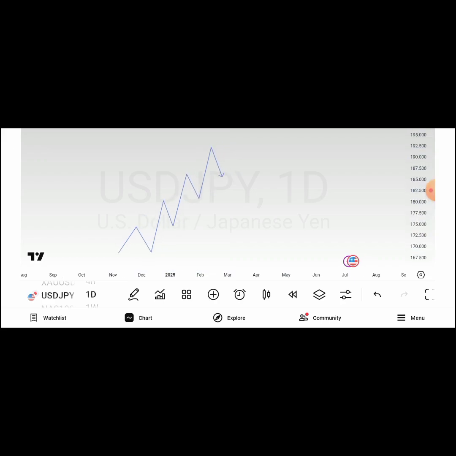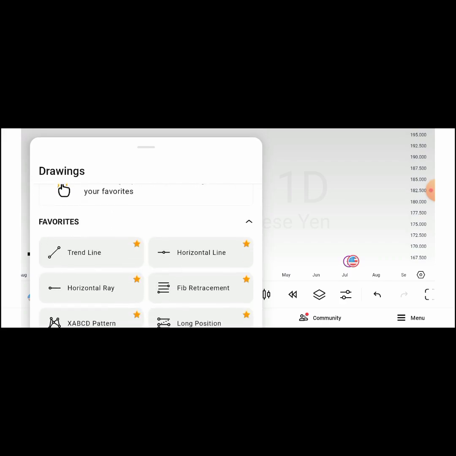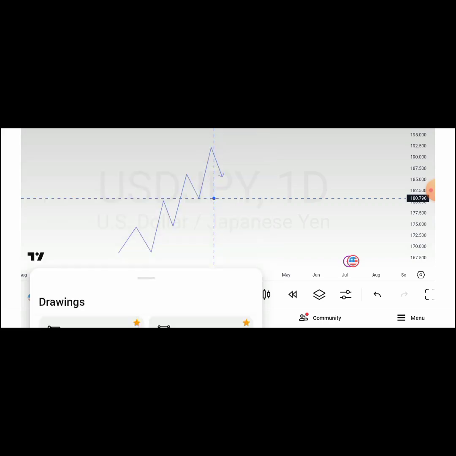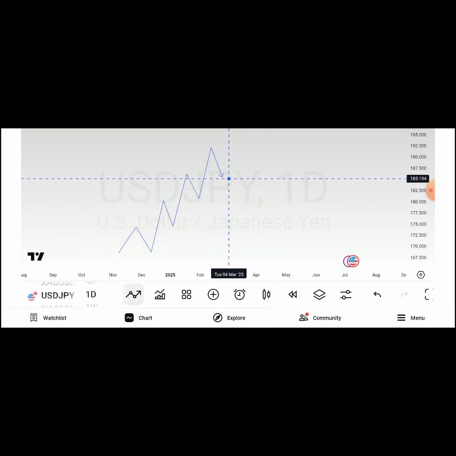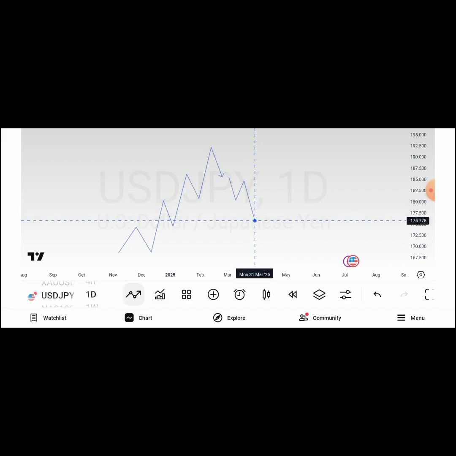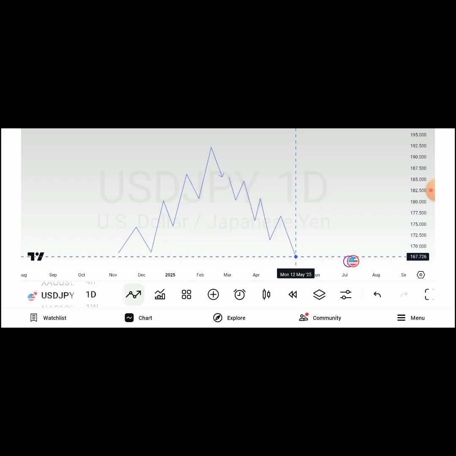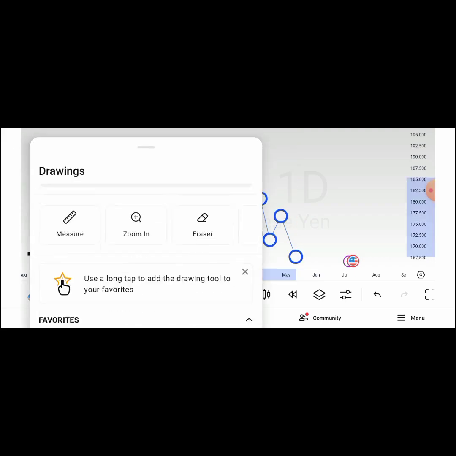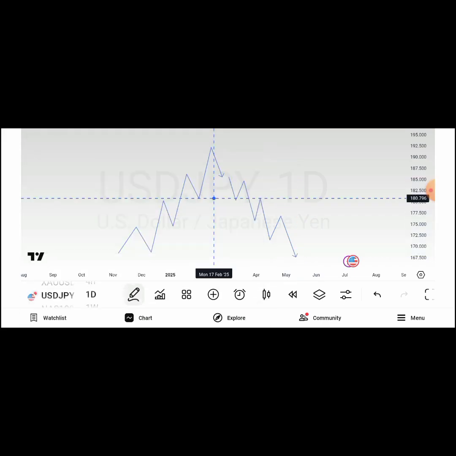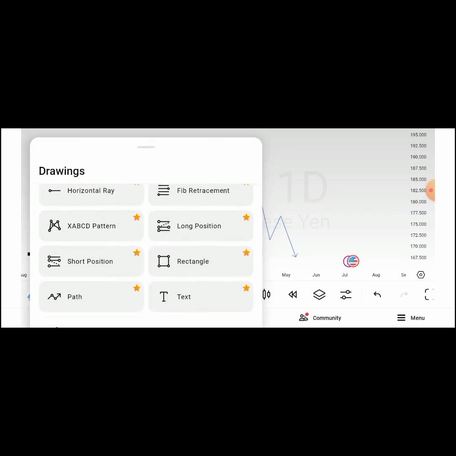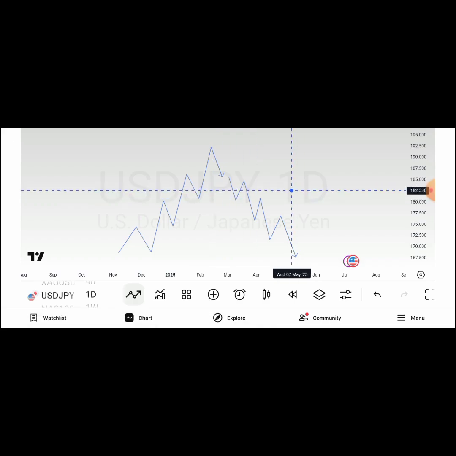And then a downtrend is the opposite. The downtrend goes like this: test, breaks, retest, breaks, retest, like that. Then the third one is called the ranging market, and that moves sideways.